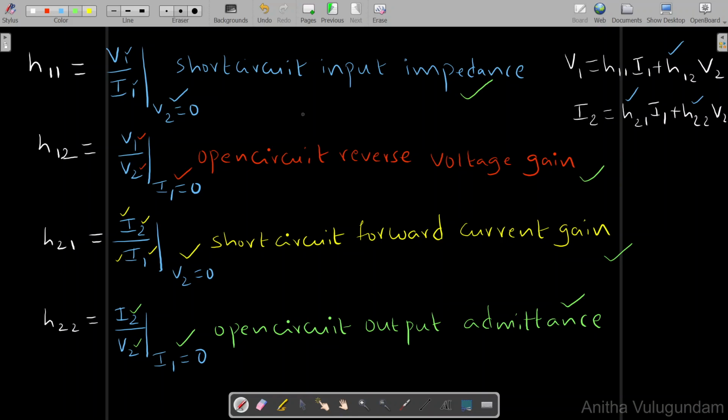Let us draw an equivalent circuit of a two-port network in terms of H parameters.